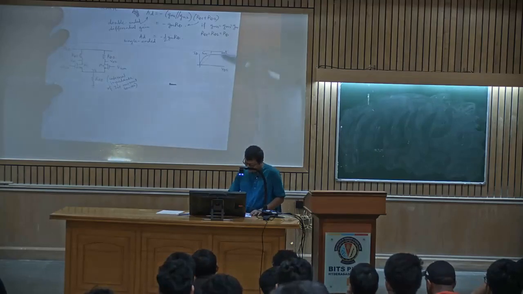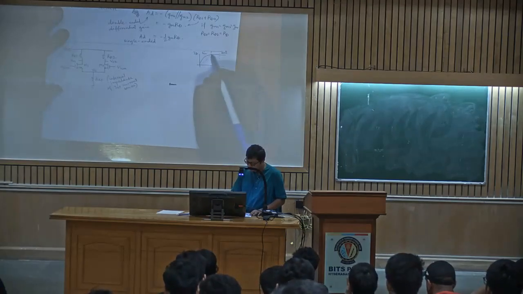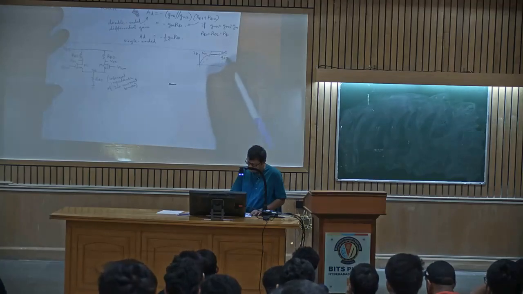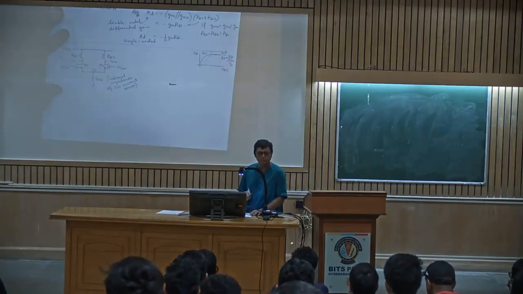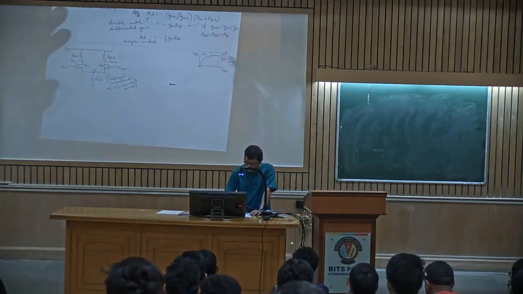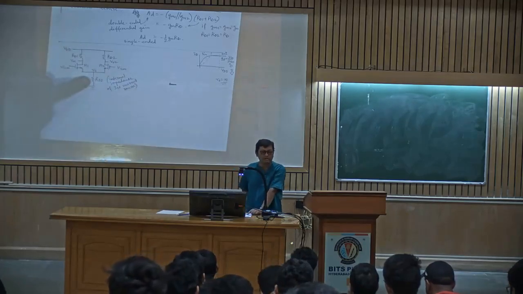So if you are actually biasing the transistor somewhere here, what happens? If you notice the GD, which is equal to del ID del VDS, will be equal to how much? Meaning that this implies that RO is infinity. So how are you getting this RO infinity? That is nothing but this RSS.